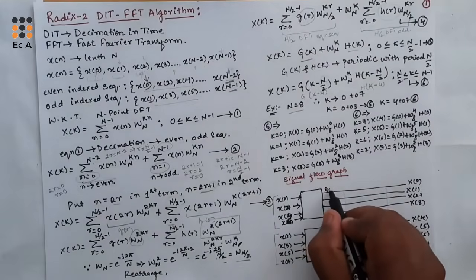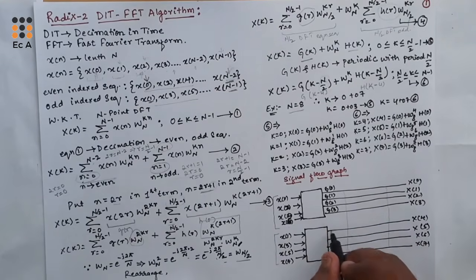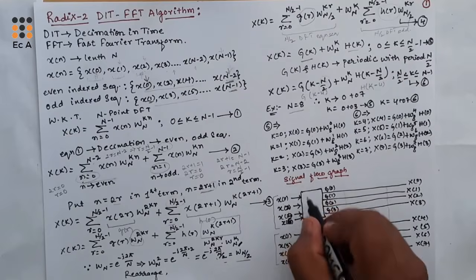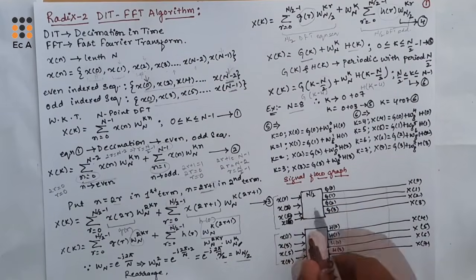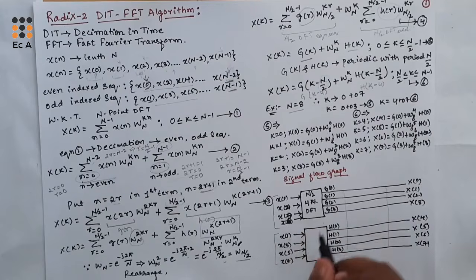Here we will write g of 0, g of 1, g of 2, g of 3. Here we will write h of 0, h of 1, h of 2, h of 3. So this is n by 2, which means a 4 point DFT, and this is again n by 2, which is a 4 point DFT.